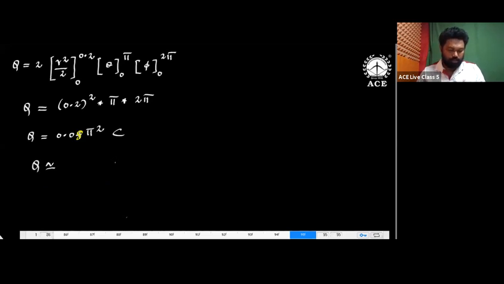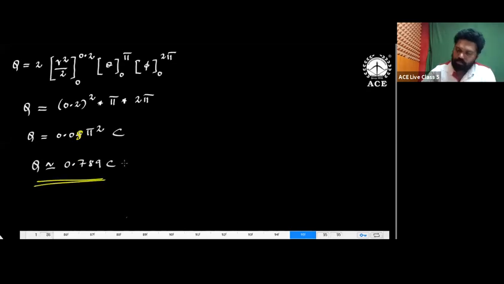So here it is pi into 0.08. Here it is 0.789 coulombs. Clear?